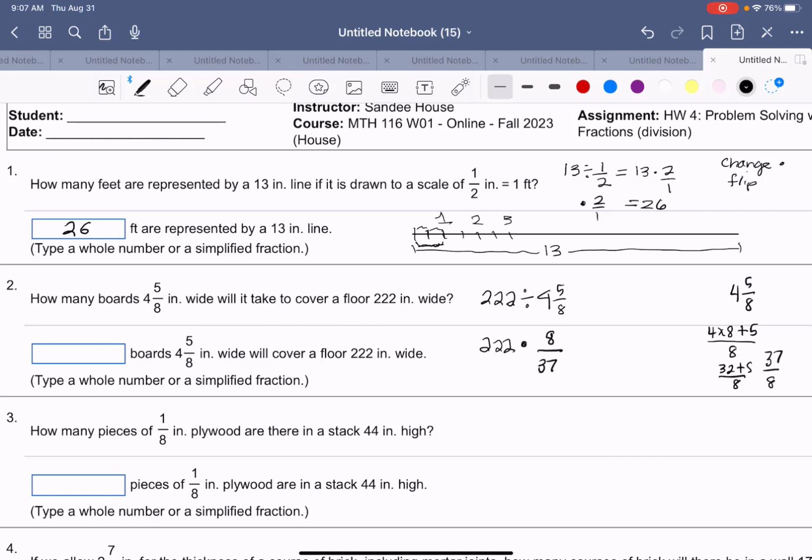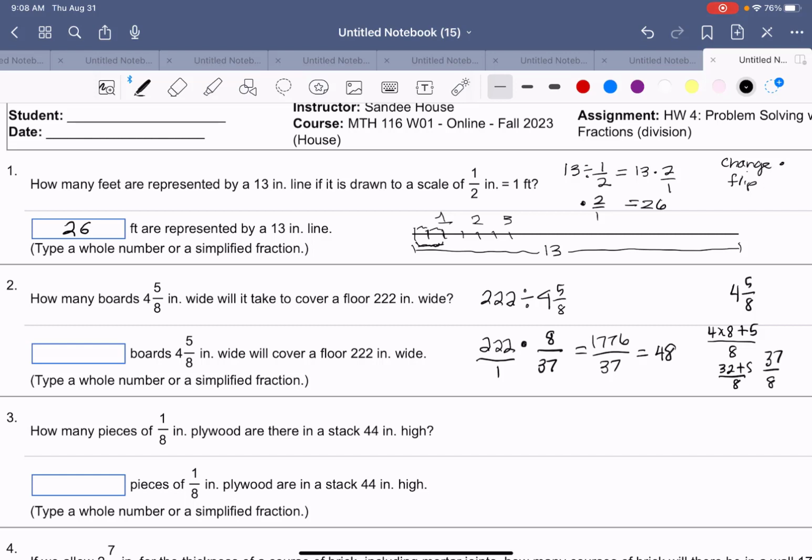Now, it's important that you can do this manually without your calculator, but when the numbers are big like this, we'll go ahead and we'll do 222 times 8. That's 1776 over 37. Now, if we do that by just plain division, that comes out to 48.